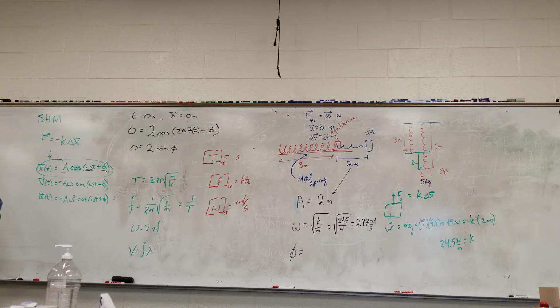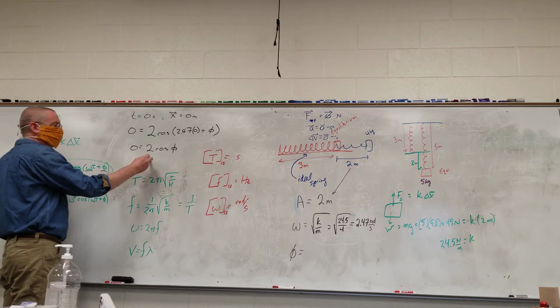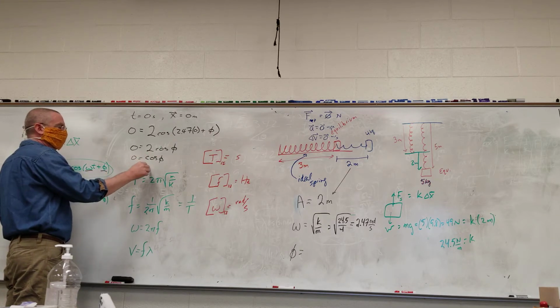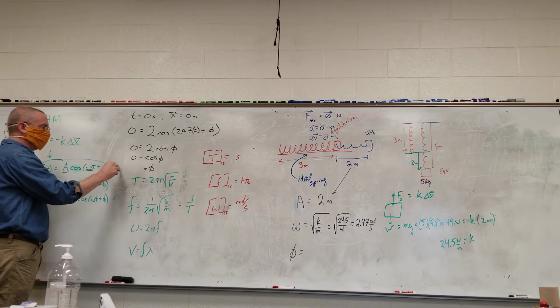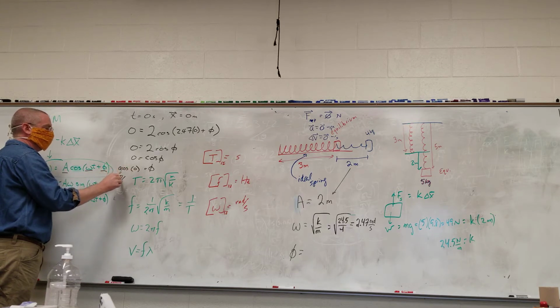Phi is pi over 2. Yes. So divide both sides by 2 to isolate the trig function. And now phi would be the arc cosine. We have to get rid of the cosine, so we do the opposite of it. So the arc cosine of 0, which is pi over 2.